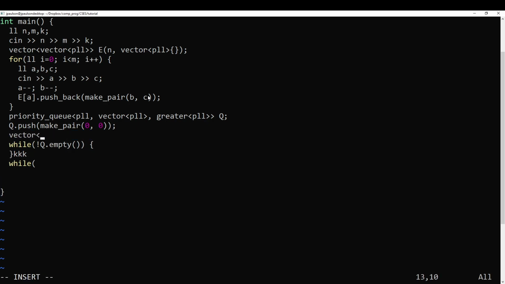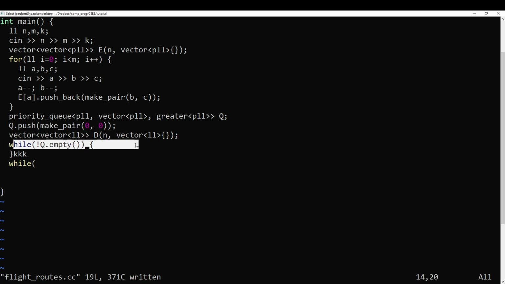And we want to track the k shortest distances. The k shortest distances to each vertex. So normally this would just be a vector, but we want k distances, so it's a vector of vectors.